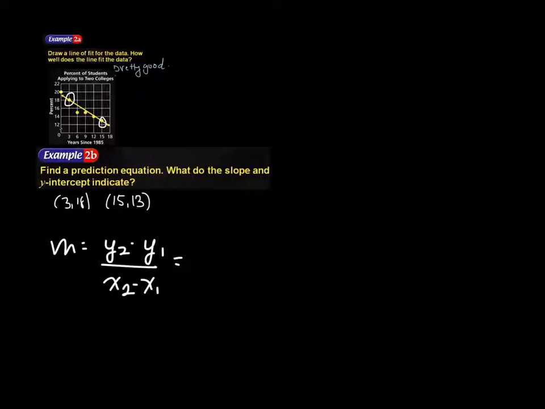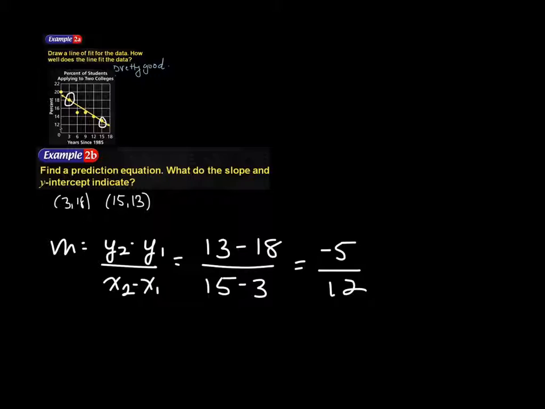So slope again, change in y, so 13 minus 18, over change in x. I get negative 5 over 12. Beautiful.